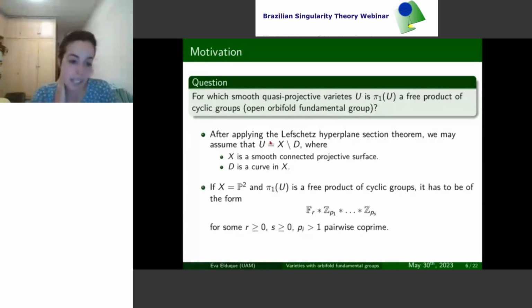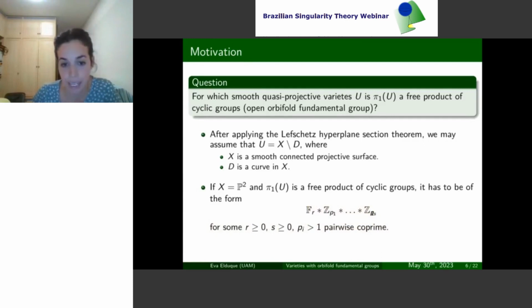And I guess something to note is that the original motivation was for curves in P2, not a general smooth connected projective surface. And in those cases, you can't get any free product of cyclic groups appearing as a fundamental group. Because if you have something like this as a fundamental group, then if you abelianize, you know that the torsion part has to be cyclic.